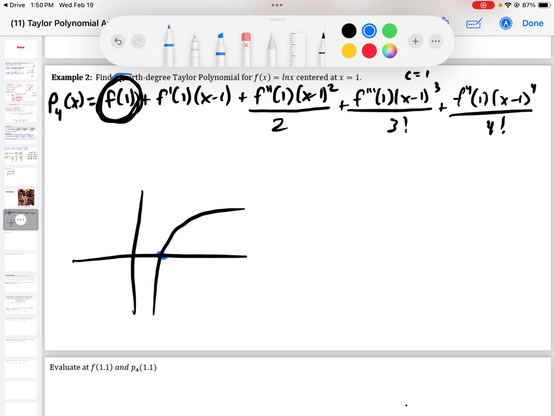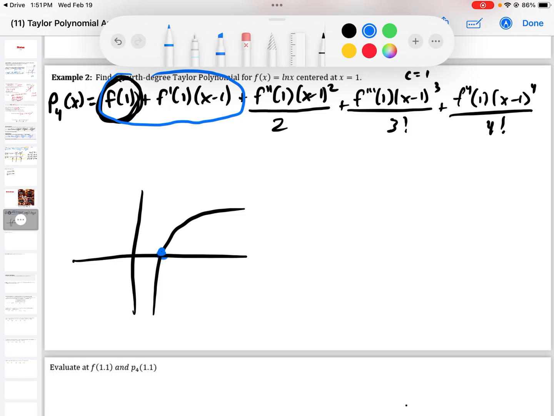Then if I started to add a little bit to it, let's say we use 2 parts of it. So now I have this tangent line. It might be a little bit better. It's got the same slope at that moment. It's got the same y value at that moment. And right around 1, the tangent line is kind of accurate-ish. It's close. But as I get further away from x is equal to 1, it gets less accurate.